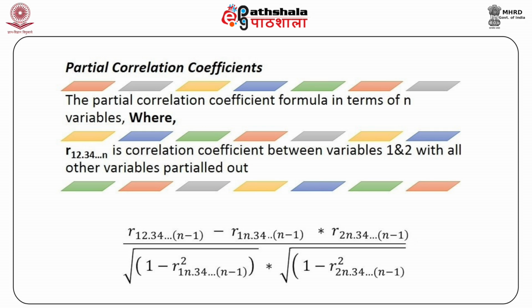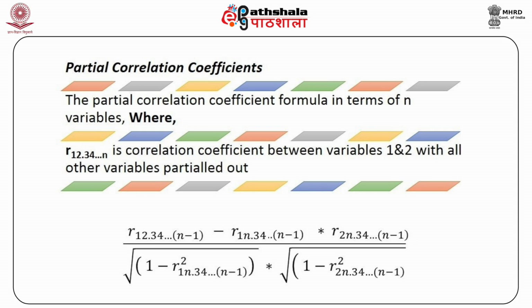After the dot, we have those variables which have been partialed out. Like in this case, R 1,2.34 to n, the relationship is between 1 and 2, and the partialed out variables are 3, 4 till the variable n.